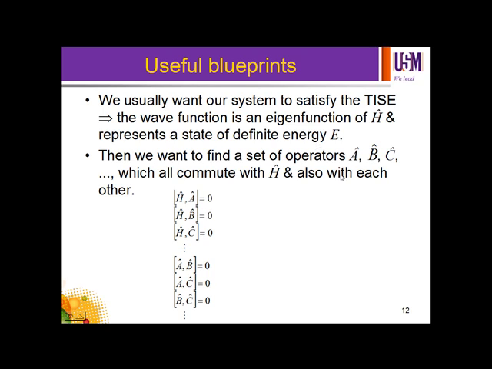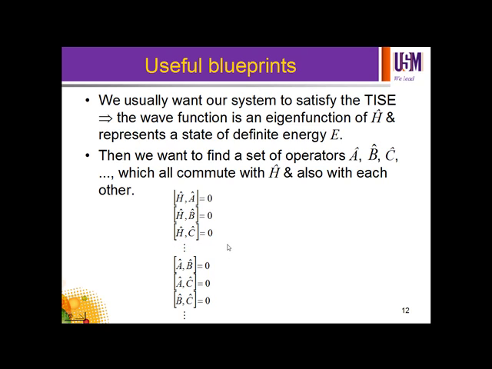Then you want to find a set of operators, for example, operator A, operator B, operator C, and so on and so forth, which all commute with operator H and also with each other. So the commutation with H is given here. If we want them all to be commutative, so commutator of H and A equal to 0, H and B equal to 0, H and C, and so on.